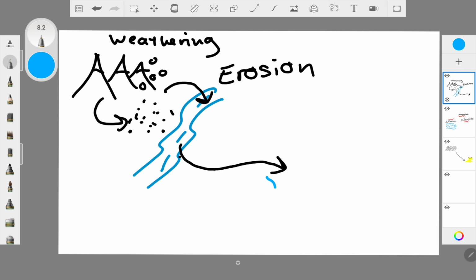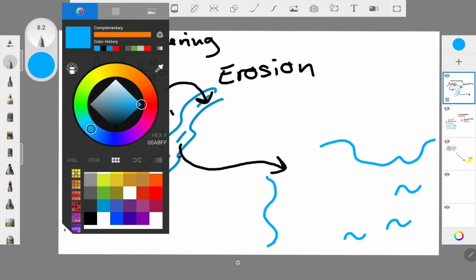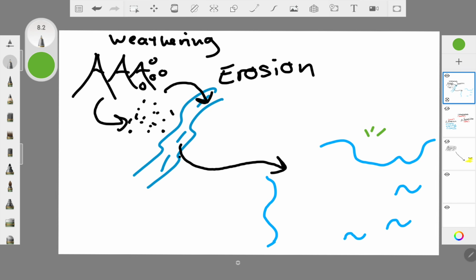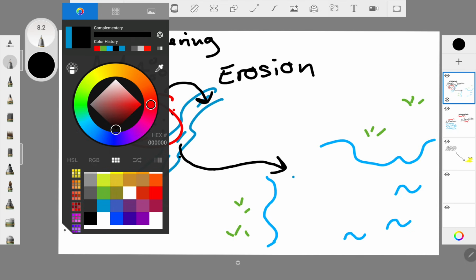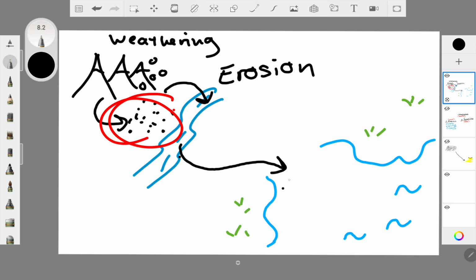Alright? When the river ends, it meets the sea. Yeah? And the river slows down. Okay? As it slows down, all of this sediment that was in the mountains gets dropped. Do you remember the word we use? Good.